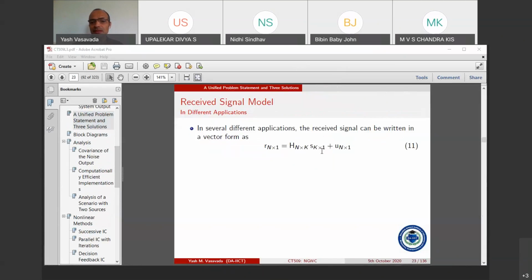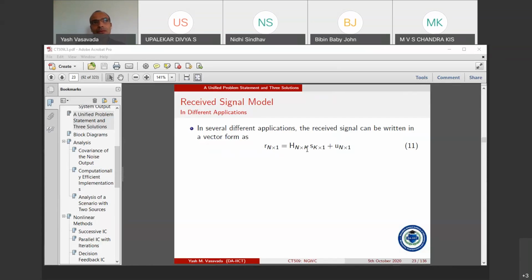And the optimal receiver, as we know, the maximum likelihood receiver, selects that value of S for which the distance between R and the corresponding H times S hat is minimized. That is what we mean by the maximum likelihood detector. It minimizes the Euclidean distance.